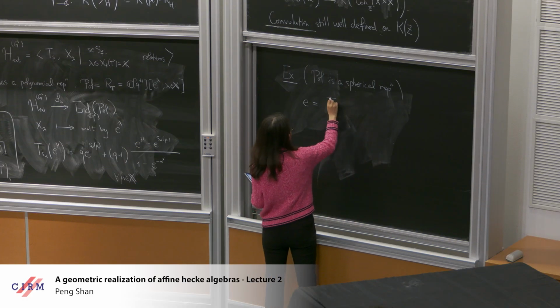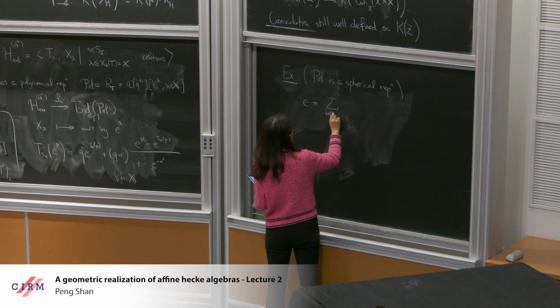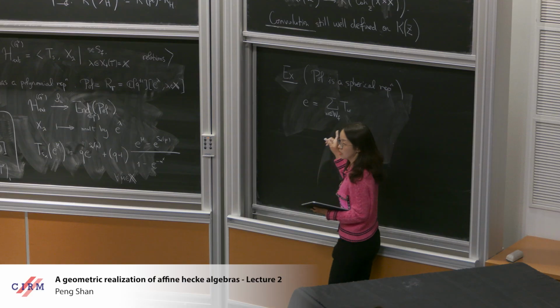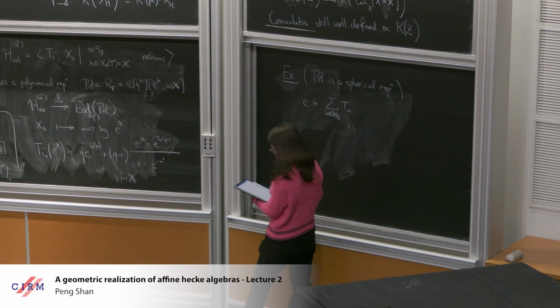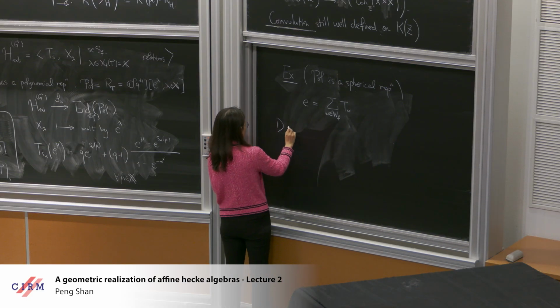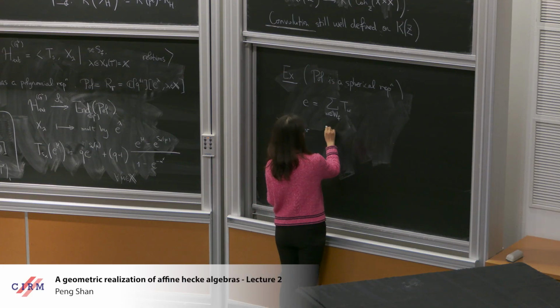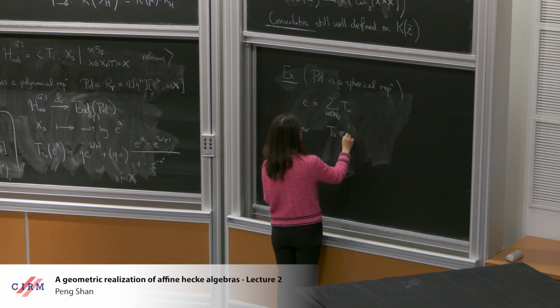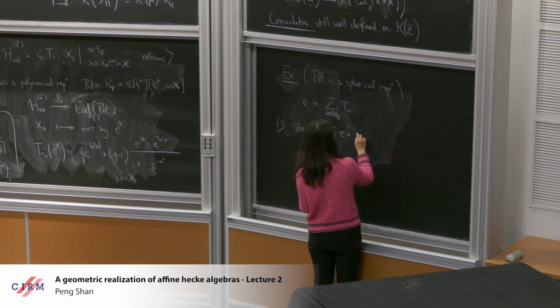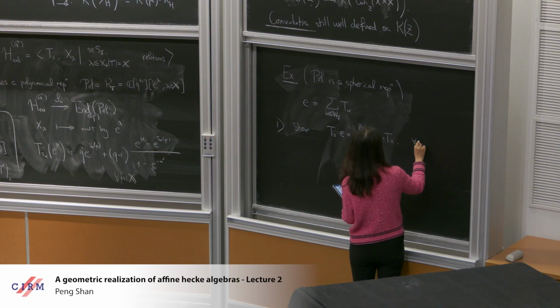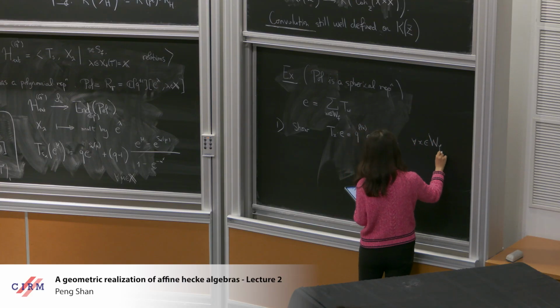And in this case, you just take the sum of all the elements in the finite Weyl group. You get this E. And first, you check that if you do T_x times E, this will be equal to q to the power of the length of x times E, and it equals E times T_x, for all x in the finite Weyl group.